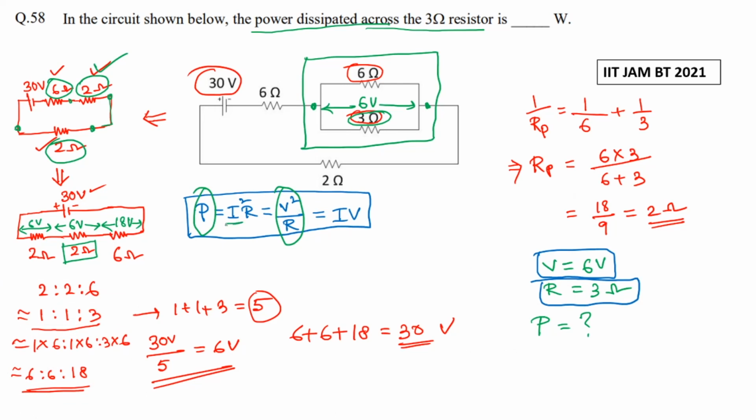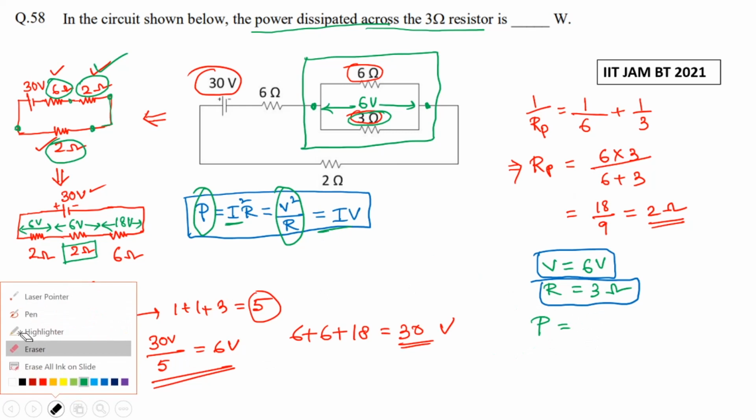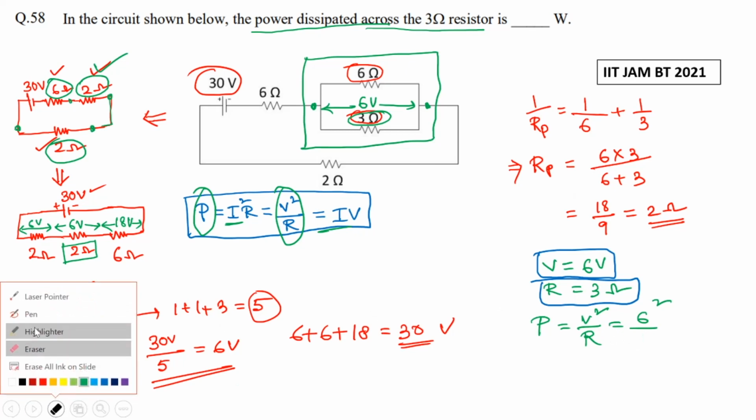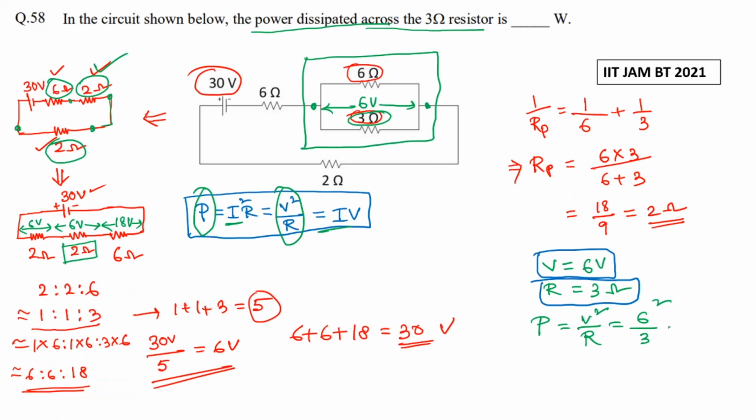We don't have I. So here P equals V square by R, that is equal to 6 square by 3, 6 square is 36 by 3, that is equal to 12 watt.